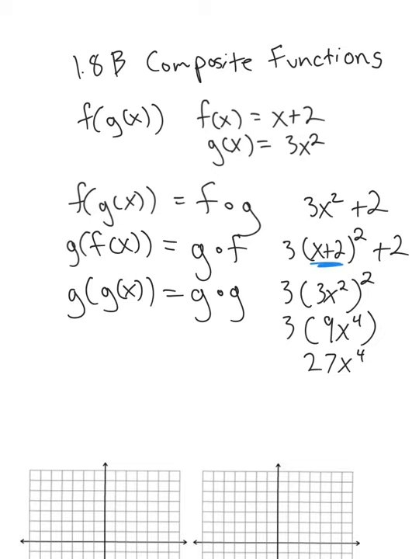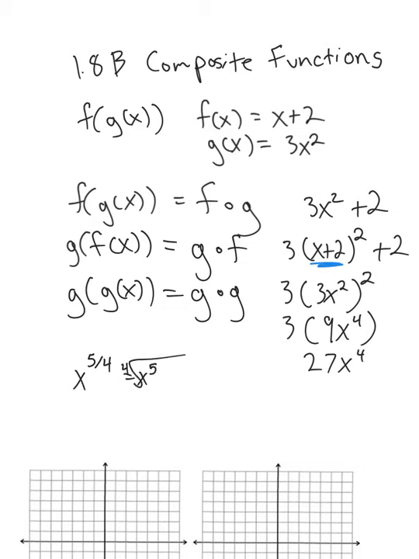So let's think about domain again when it comes to variables with exponents that are not even integers. So let's say we have x to the 5/4. This is the same thing as saying x to the 5th and then the 4th root of that.